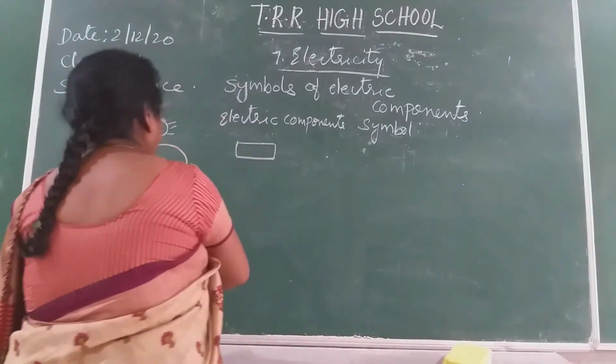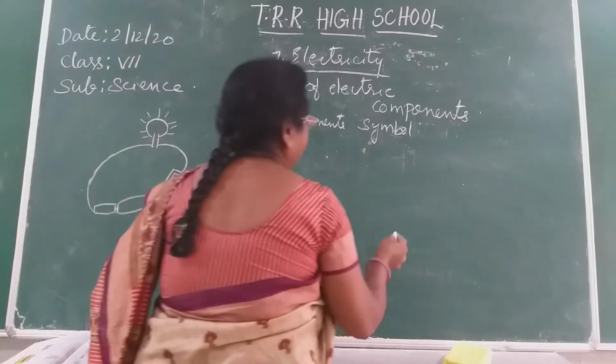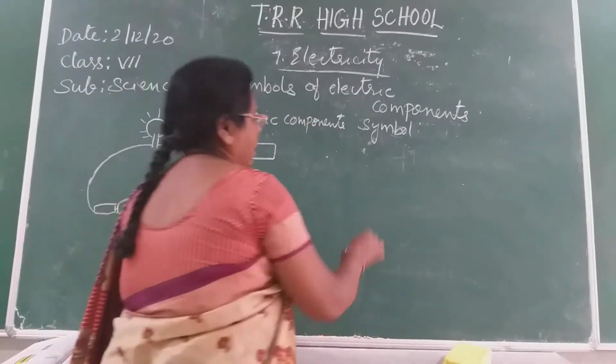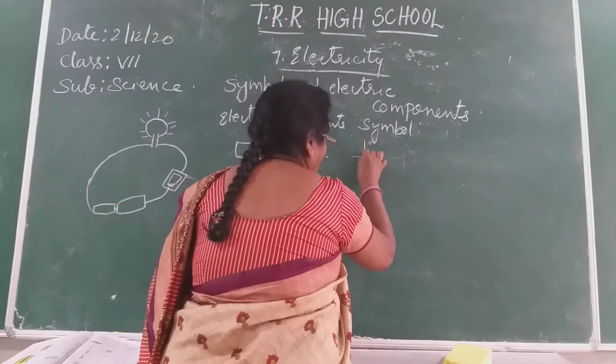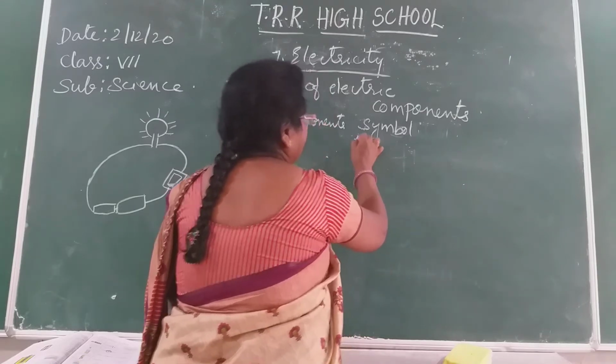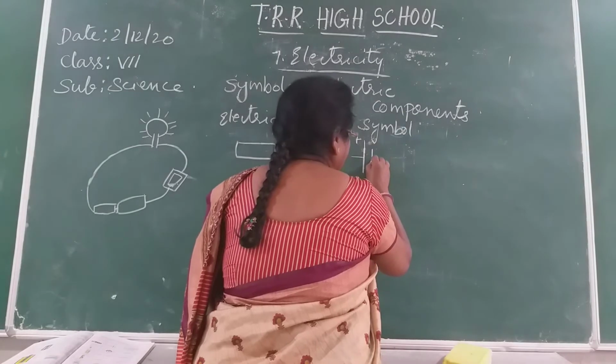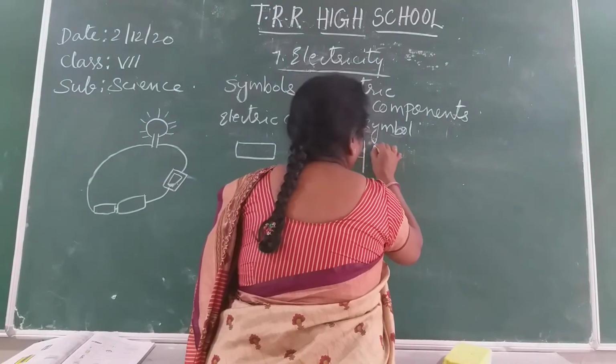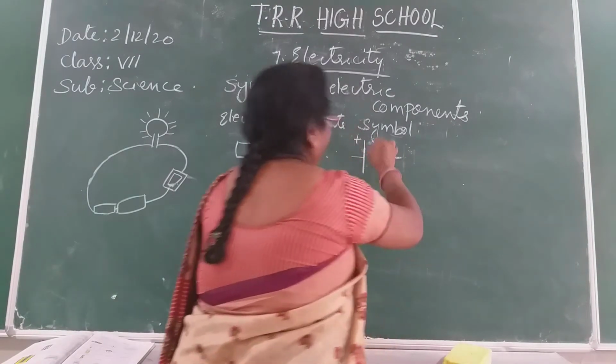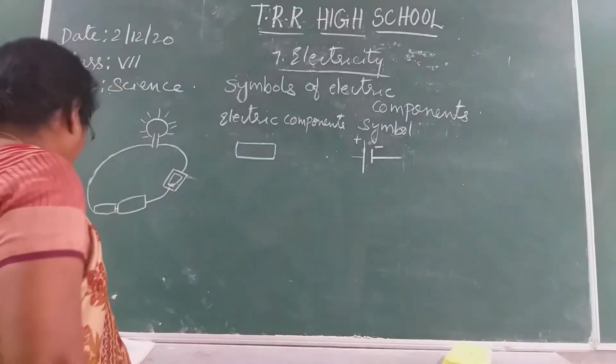Here I am drawing a cell. Now how will you represent the symbol for this cell? Here see, the longer line represents the positive terminal and the smaller, thicker line represents the negative terminal. This is the symbol for a cell.